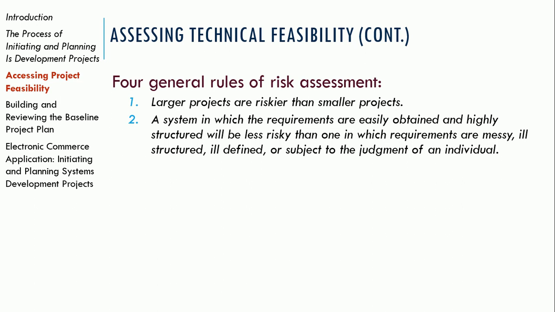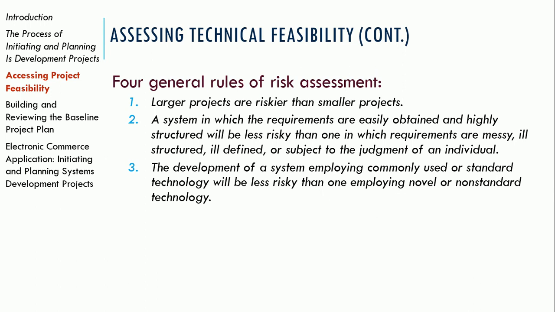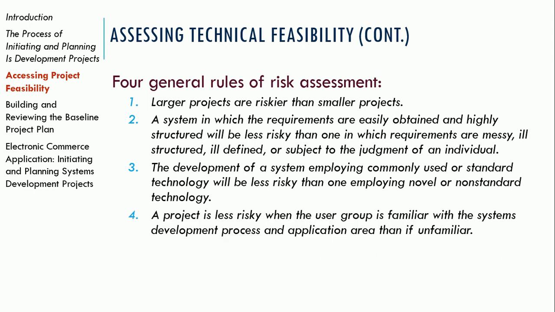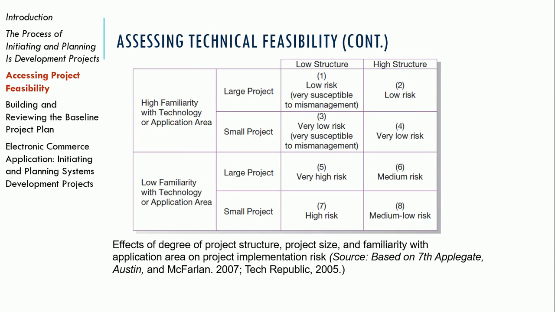In other words, if there's prepackaged software available, that's going to be less risky than building something that we don't fully understand. Three, the development of a system employing commonly used or standard technology is going to be less risky than employing novel or non-standard technology. And four, a project is less risky when the user group is familiar with the system's development process and application area rather than unfamiliar. So those are some of the risk factors here.